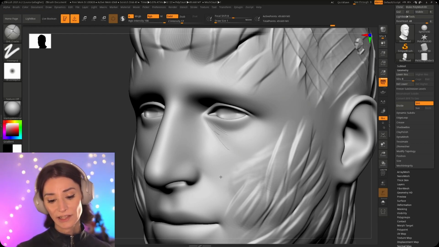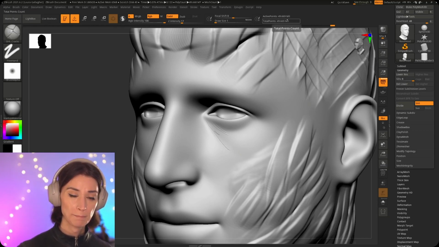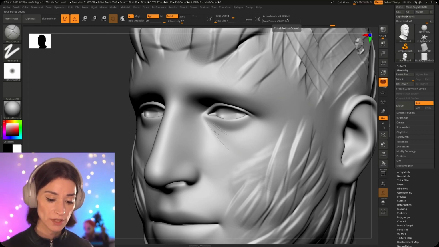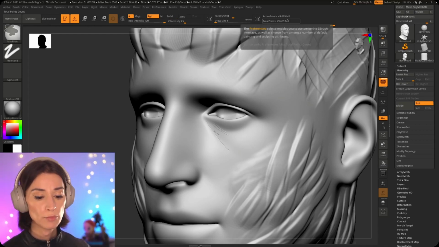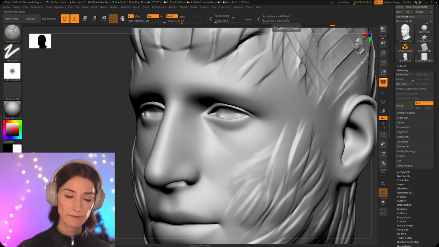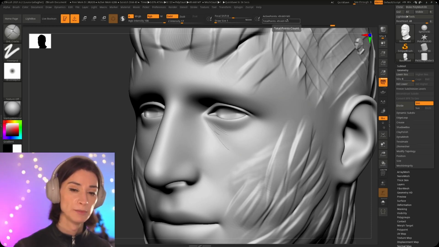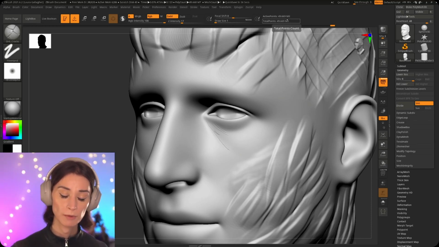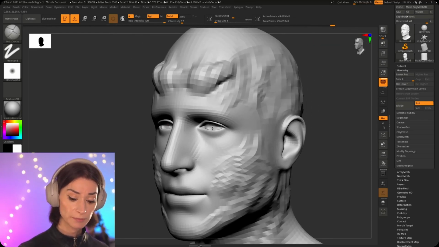So, you may not necessarily be able to go up to 50 million in every instance, but pretty much every modern computer can, at the very least, make it very easily up to maybe about 3 to 5 million polygons without a problem, usually, for anything that you're sculpting.